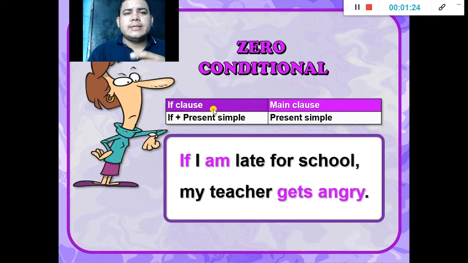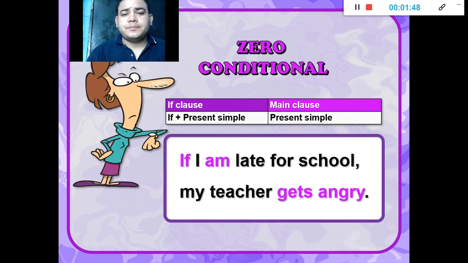In this case, we can say that they have a condition and they have a result. We use the zero conditional to talk about real things or real situations that can happen. We are going to use the first conditional to talk about future events, and then we're going to have the second conditional to talk about unreal situations or hypothetical situations, right?